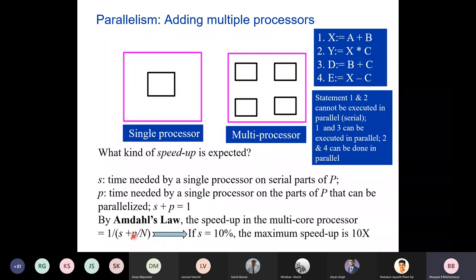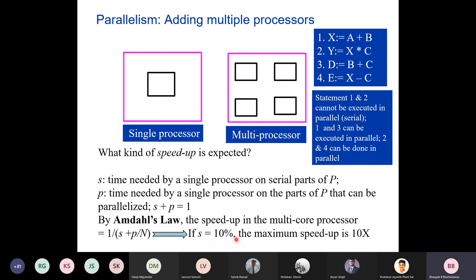So what does Amdahl's law tell you? It says the speed up is 1 divided by S, the fraction unaffected, plus the parallelizable fraction, 1 minus S, divided by n. So by Amdahl's law, the speed up is this.